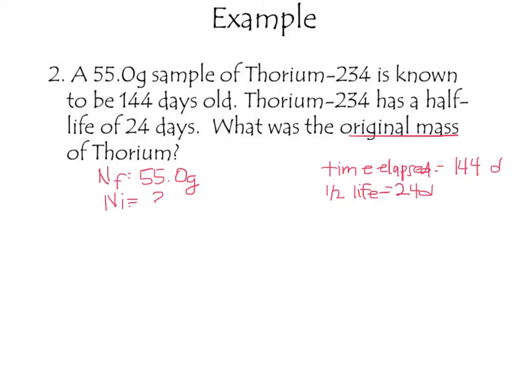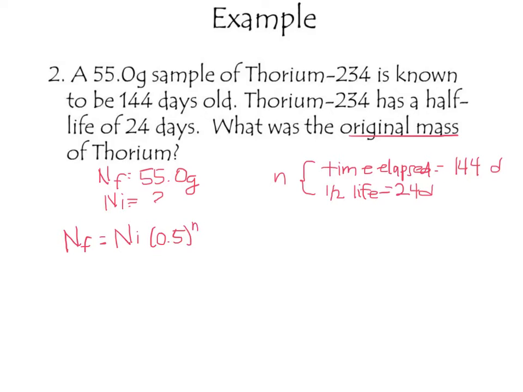We can go ahead and look at our last two equations. We know that time elapsed and half-life make up n. And we can figure out the initial mass by using the final mass equals the initial mass times 0.5 to the n power.